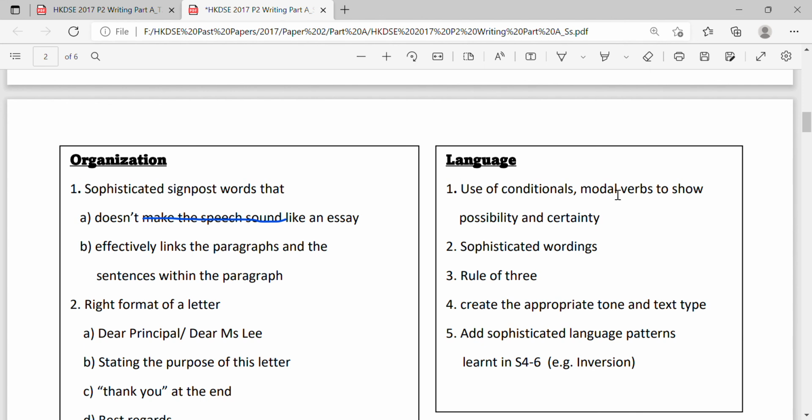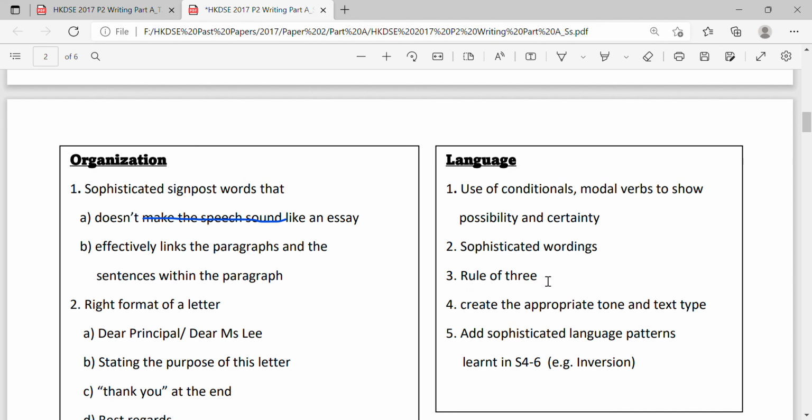And that's why you need to use a lot of we can, the elderly can, the students can, the teachers can, the school can. All right? Sophisticated wordings. I'll show you examples after you hand in your work.